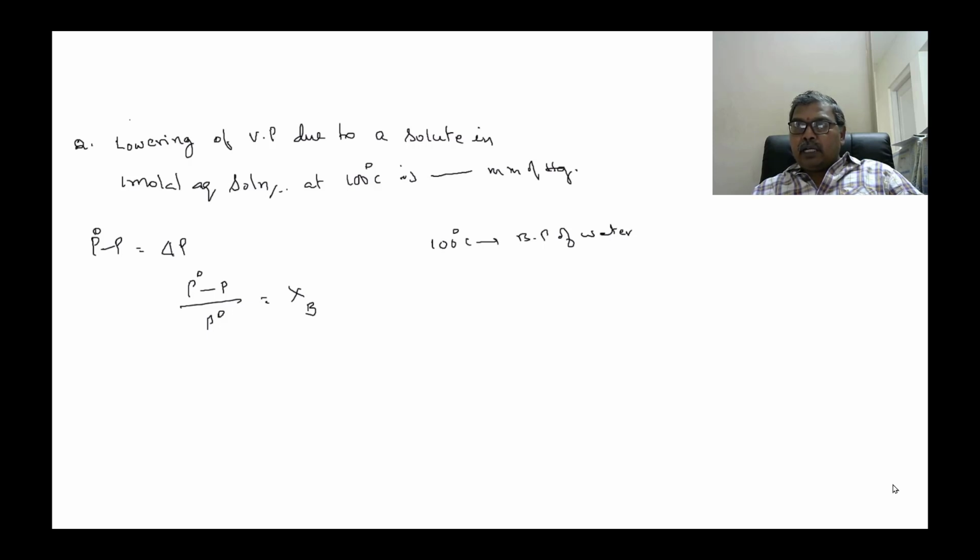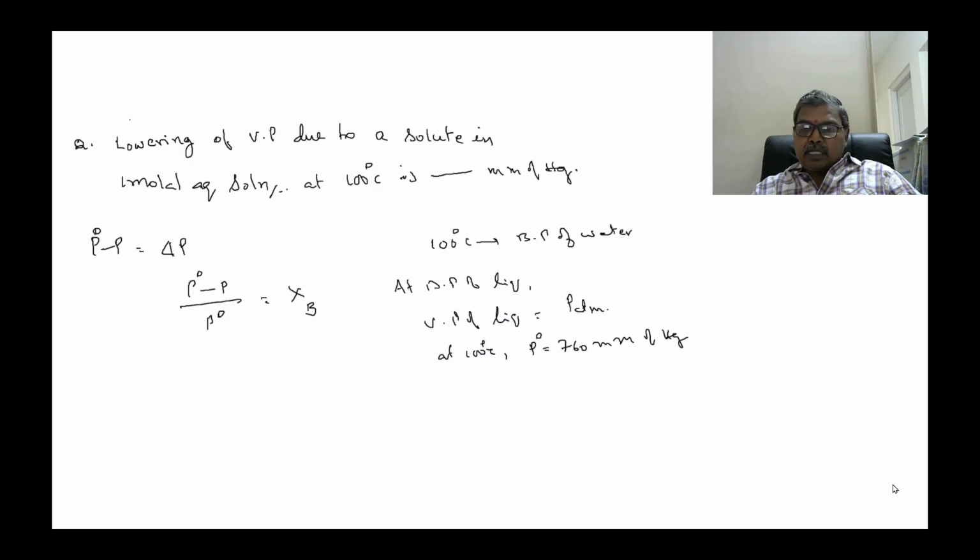At the boiling point of a liquid, the vapor pressure of the liquid is equal to atmospheric pressure. This we studied. So at 100 degrees Celsius, P0 is 760 mm of mercury.